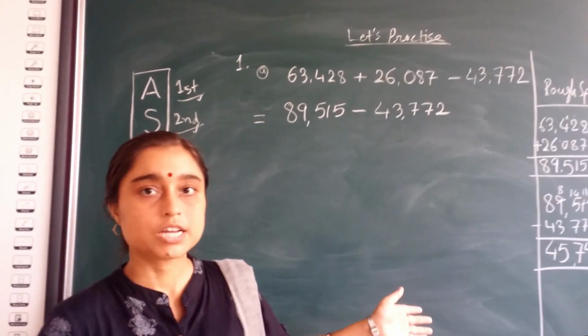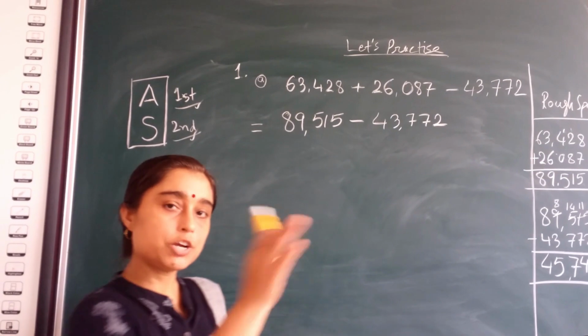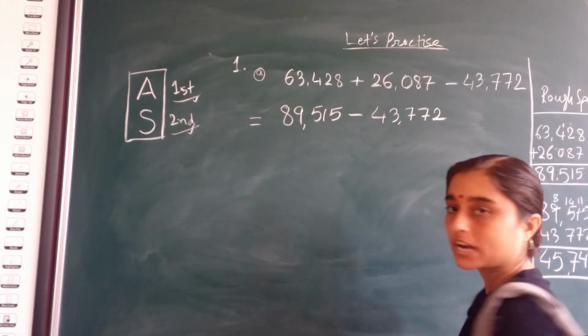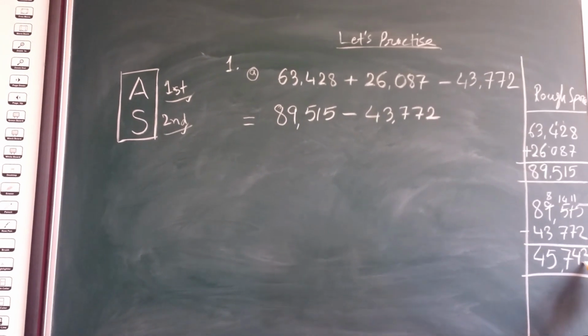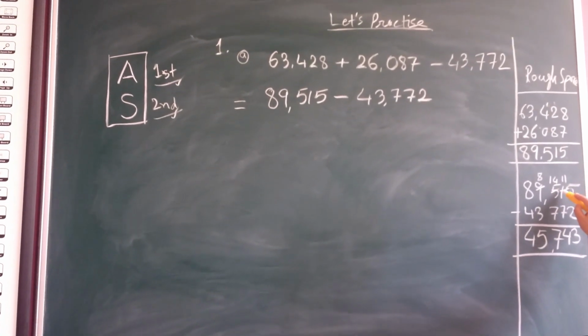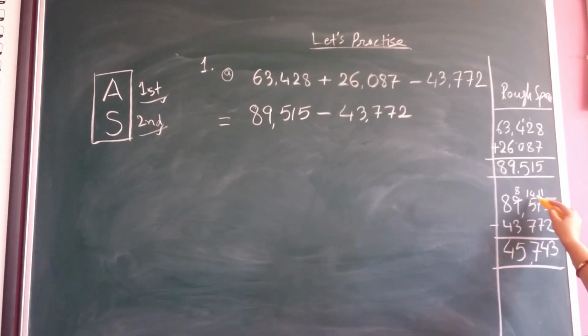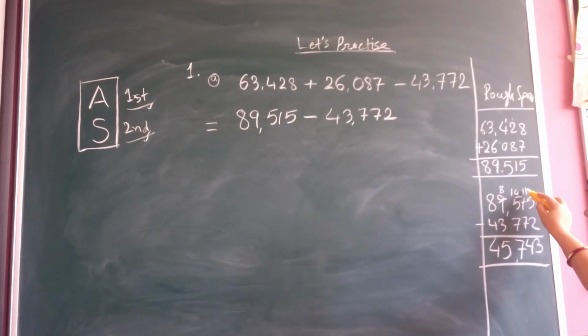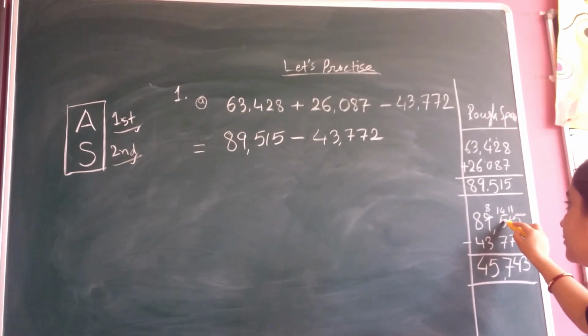Again what we will do? We have done the subtraction, but before writing the answer, we will check it once again that we have done it right or wrong. So 5 minus 2 is 3, then 1 minus 7 we cannot do, so we will borrow 1. The 1 after getting 10 becomes 11. 11 minus 7 is 4. Here it is 4 left.